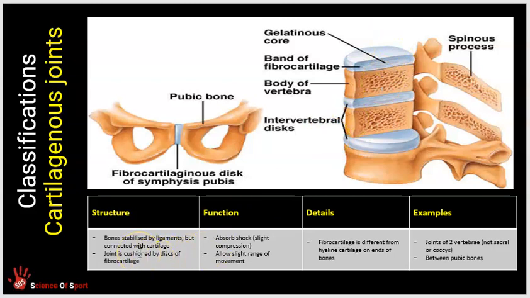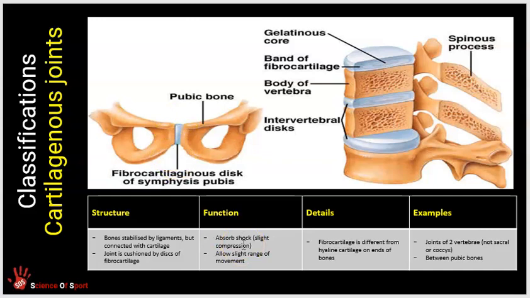So the structure of these is designed to be stabilized or held in place by lots of ligaments. Again, other videos have shown all the ligaments that run up and down our vertebral column. And of course, as I've said already, there is a cartilage disc between the two bones, fibrocartilage. So again, your pubis, these two pubic bones are joined by this cartilaginous joint, and that's fibrocartilage, fibrous cartilage.